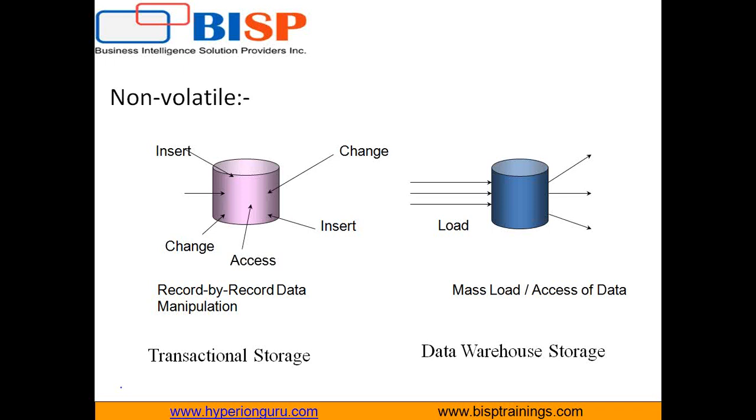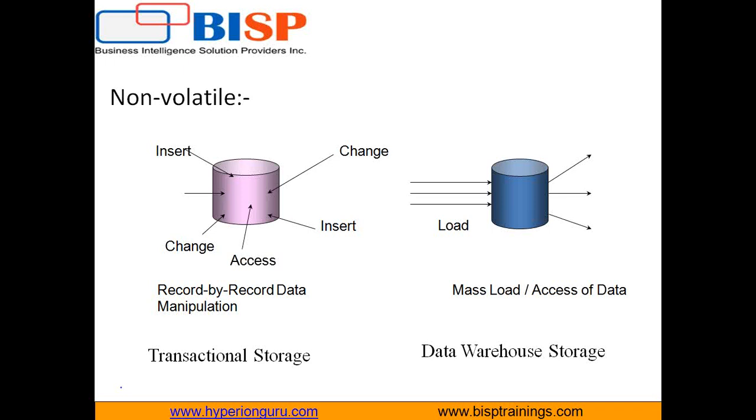But when it comes to data warehouse, the records will never get deleted. Once the data comes into data warehouse, the status may change, but it will be kept in the data warehouse. There is no process of deleting the data in data warehouse.